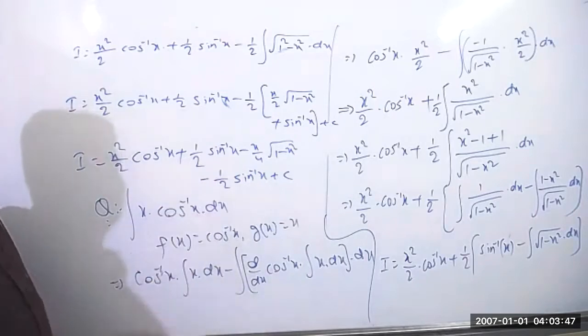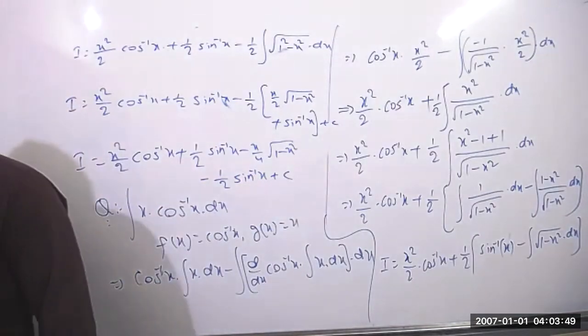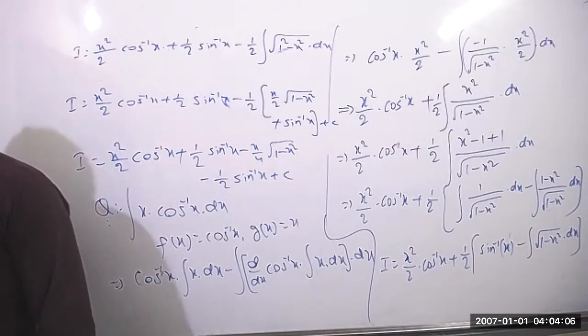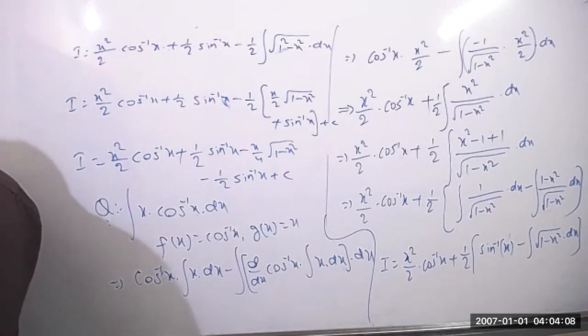I think these two terms will be the same. You can cancel that. Somewhere we got 1 by 4. Where is the 1 by 4? Minus 1 by 4. The answer they gave is x by 4. That is correct only.